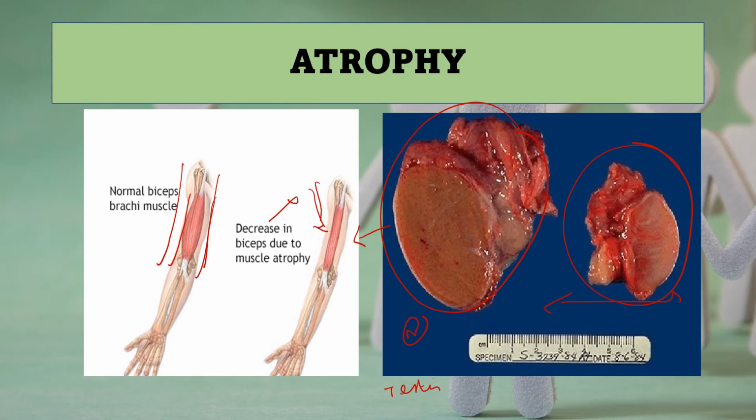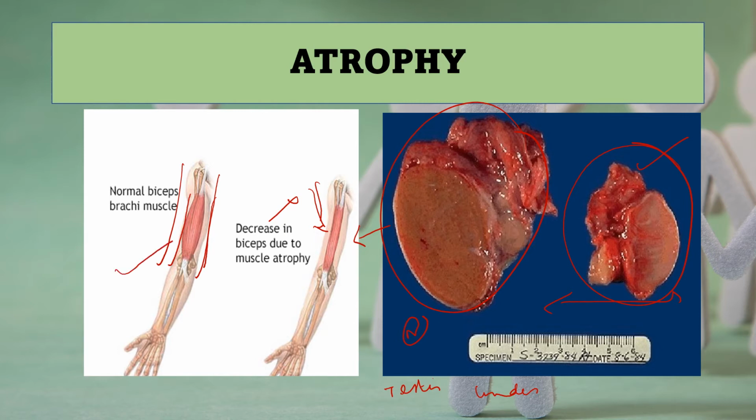There are so many causes. One cause for testicular atrophy is undescended testis or cryptorchidism, right? In an undescended testis, your testis will be in your inguinal canal or in your abdomen. It is not a very conducive environment for the testis to develop, so it will be atrophic. It won't develop properly. If you remember all these, you can guess the causes of atrophy.